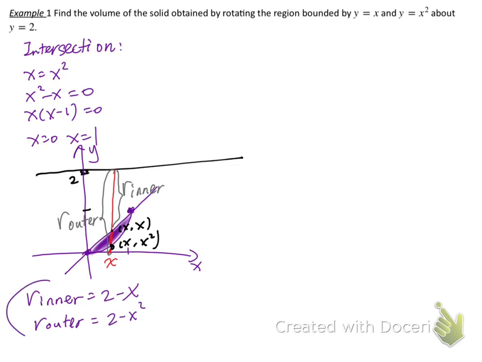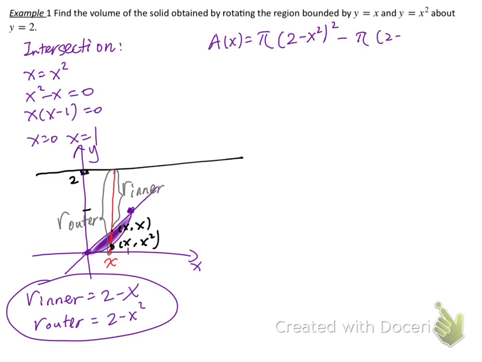So the radius of the inner circle is 2 minus x, and the radius of the outer circle is 2 minus x squared. Then the area of the washer, A of x, is pi times (2 minus x squared) squared, the radius of the outer, minus pi times (2 minus x) squared, the radius of the inner.